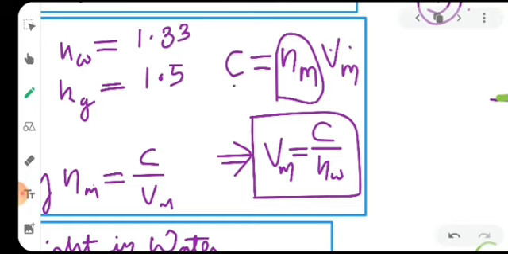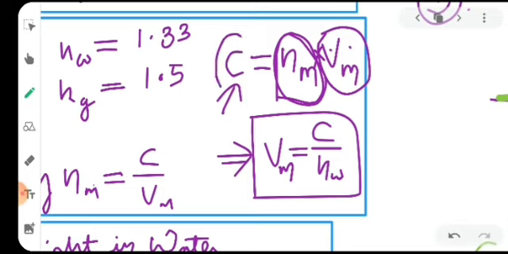So it is the factor which says the speed of light in vacuum is this much times the speed of light in the medium. Let me repeat that: speed of light in vacuum is equal to refractive index times the velocity of the light in the medium.